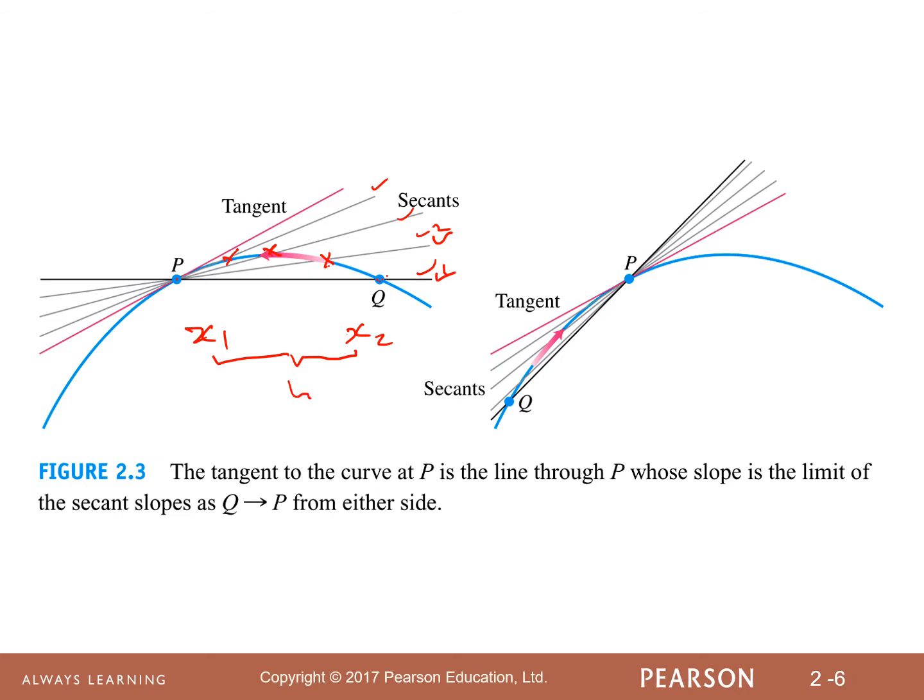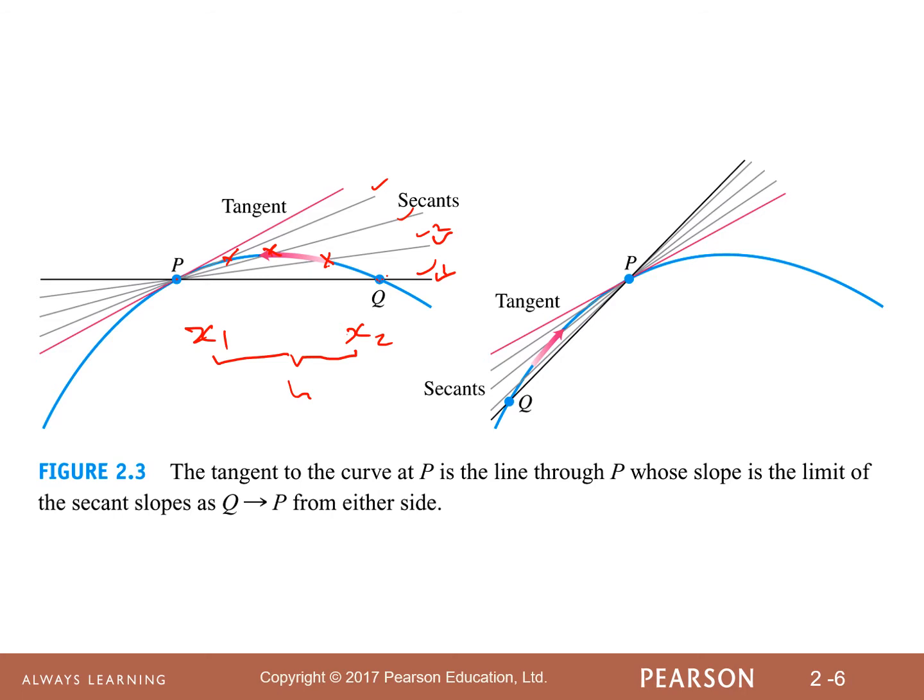So if I take the limit as Q moves to P, what will be the value of h when we move to P? 0, right? Yeah. Because h is 0. Everybody? So it's right there, okay?